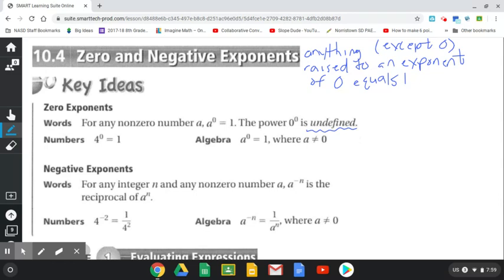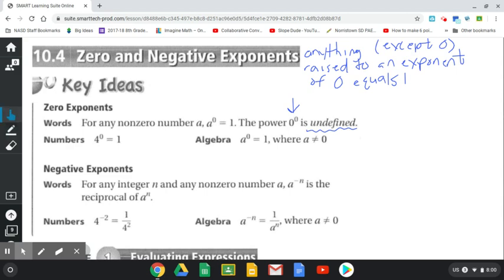A big, tricky question on a lot of things is 0 to the 0 power, because that's the only thing that doesn't go by that rule. When you have 0 to the 0 power, it is undefined. It's not 1. Anything else is 1. Okay? So that's a pretty easy rule to remember.